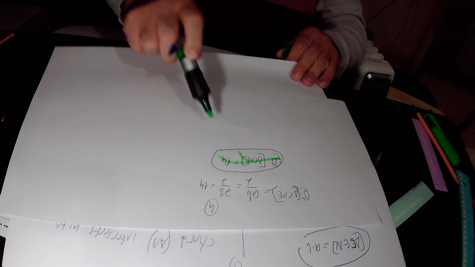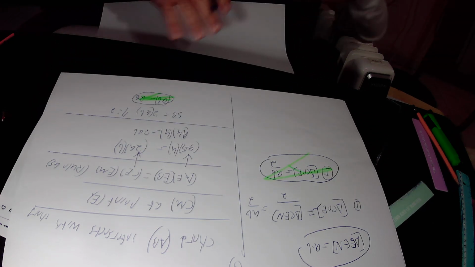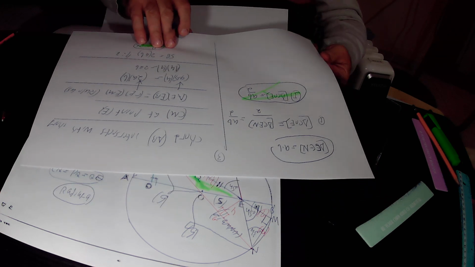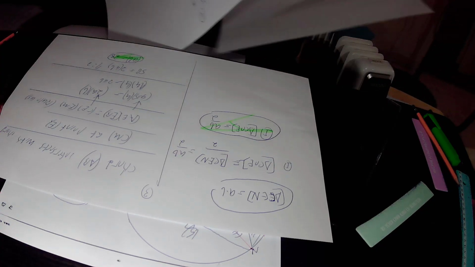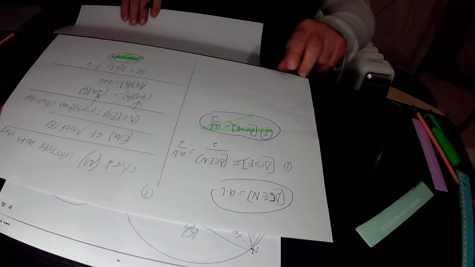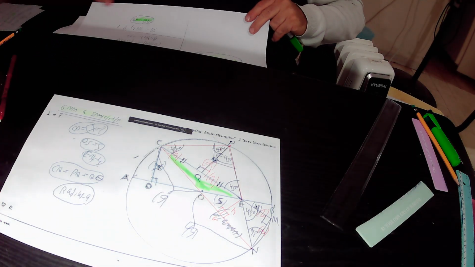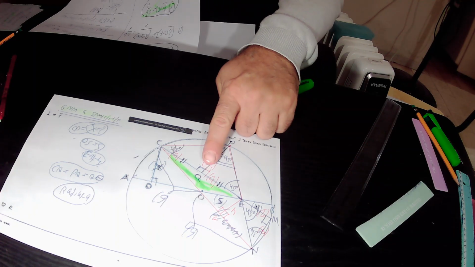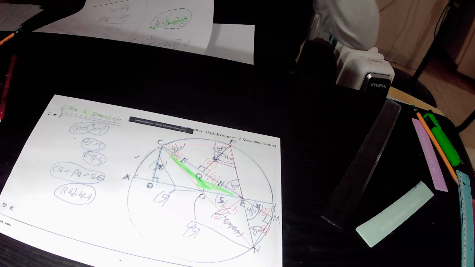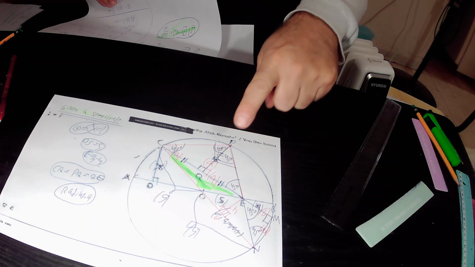In the next step, we calculate the area of this green triangle COE according to the formula that says that the area of any triangle equals the base of the triangle times the height over 2.